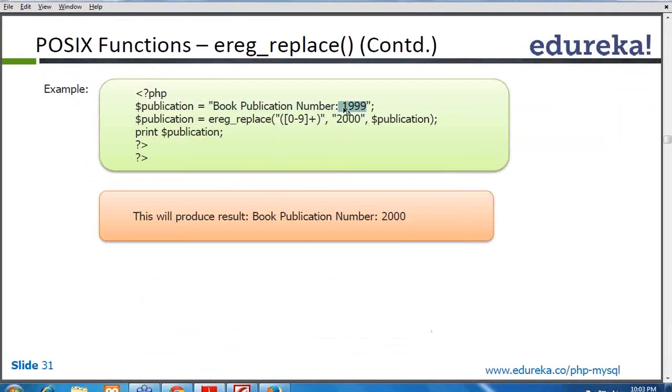So I'm going to replace that 1999 with 2000. So this function tells us that this 1999 is going to be replaced by 2000. So here you can see the result. Book publication number is 2000, not 1999, because it has been replaced by 2000.